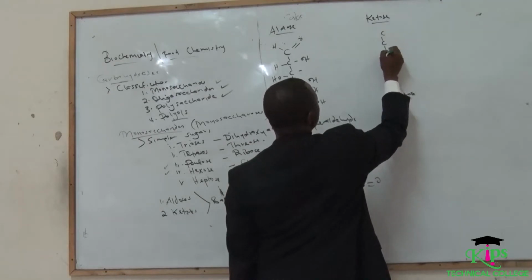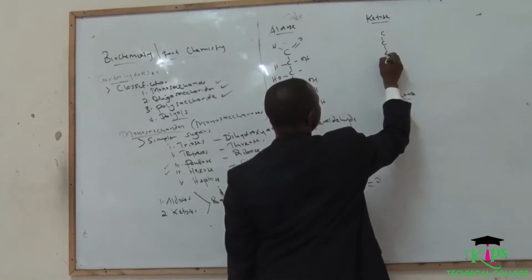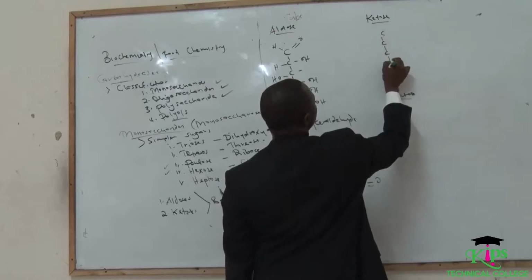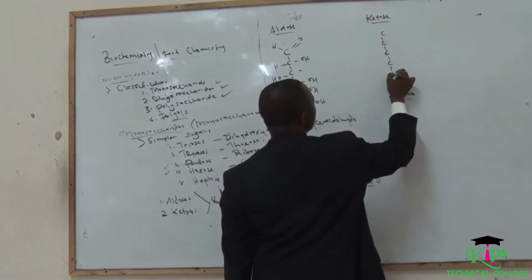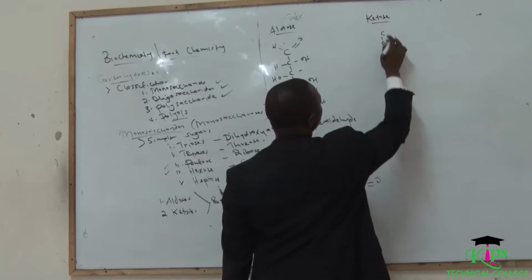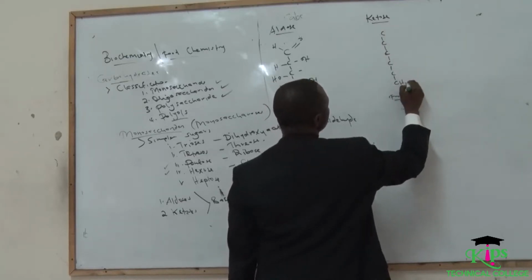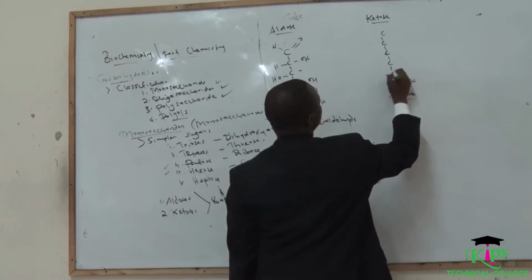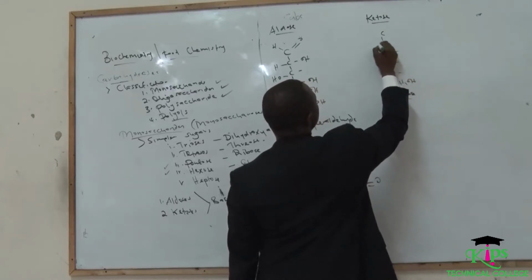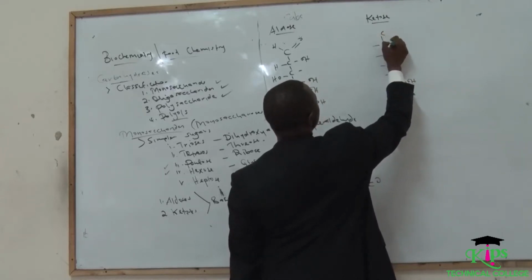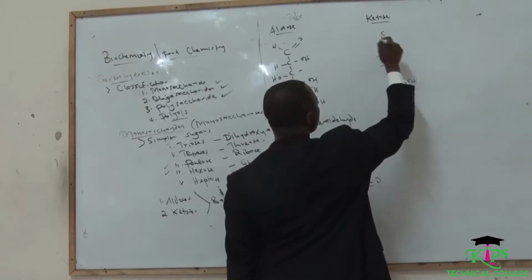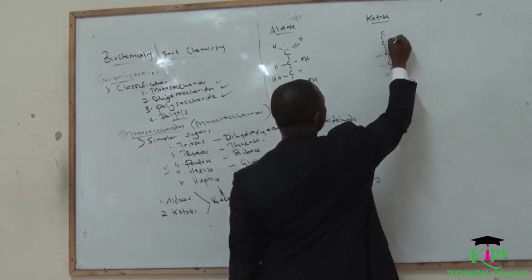Again, fructose is also a 6 carbon sugar having the same molecular formula as the glucose. 1, 2, 3, 4, 5, 6. So the main difference between glucose and fructose is that in fructose, the carbonyl carbon is in between.